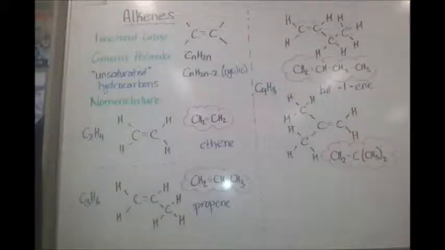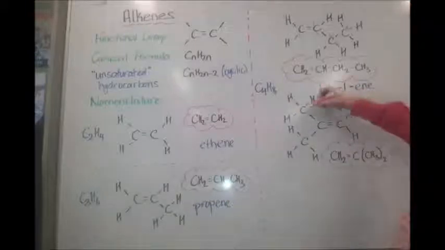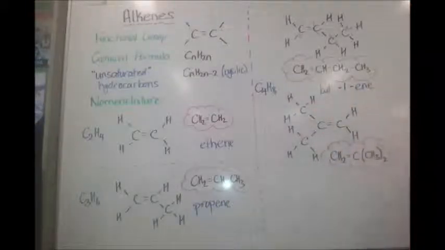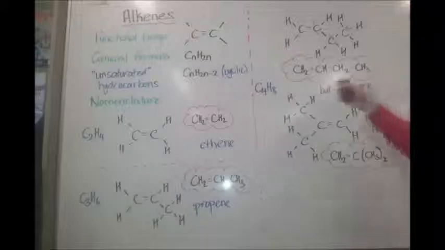Now my trick here is to look for the longest carbon chain that I can find that has the double bond in it. I'll say that again. Look for the longest carbon chain you can find that has the double bond in it. And it's either this one here or this one here. Both are equally the same length. They both have 3 carbons. I'm going to choose the top one just for simplicity.